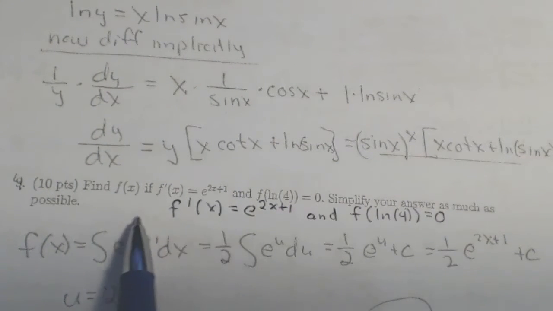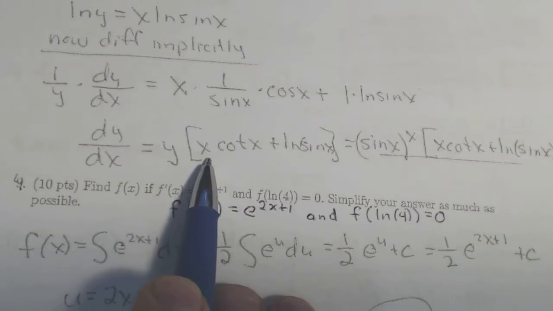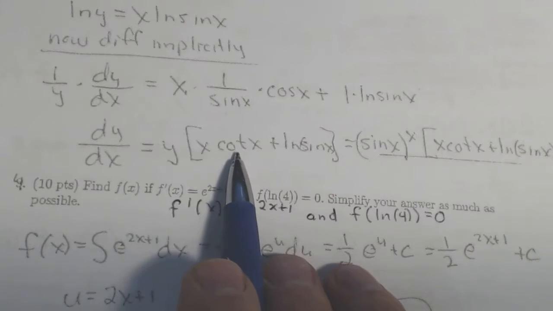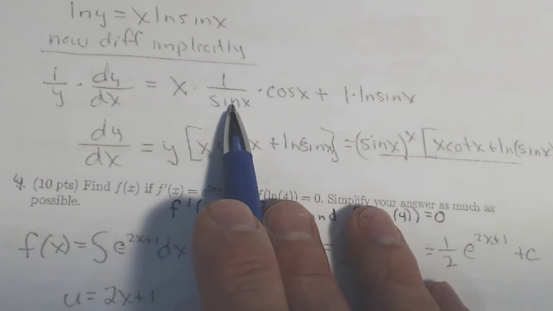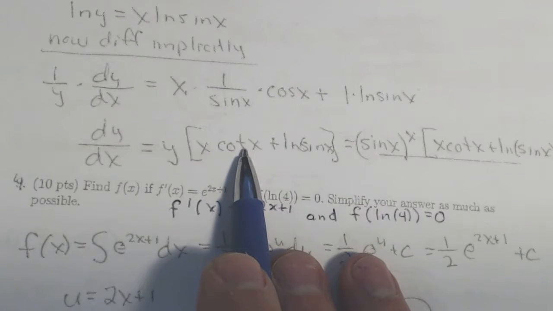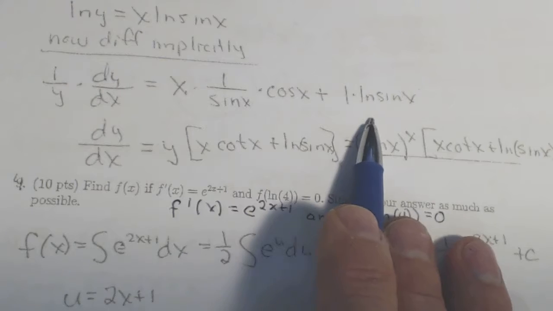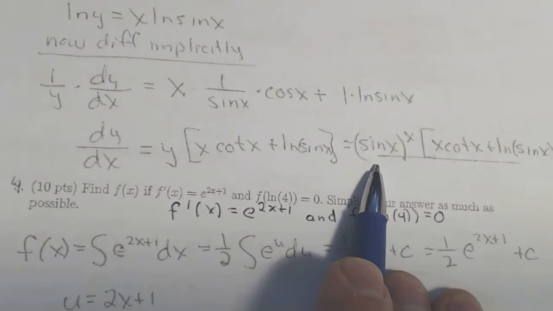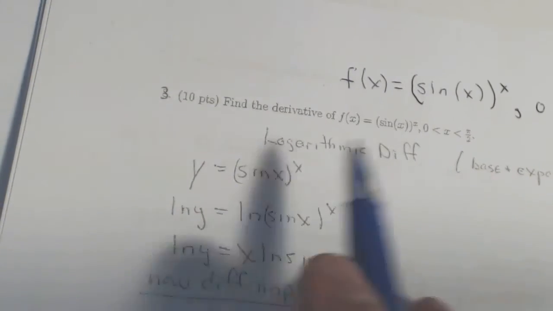So we're going to multiply this y right here over to that side. This is just cleaning this up, and you don't have to write that as cotangent. You could have written it as cosine over sine, but cosine over sine is cotangent x. And then plus ln sine x from that term over there. Last step, rewrite y as sine x to the x, and that's because that's what it started off as.